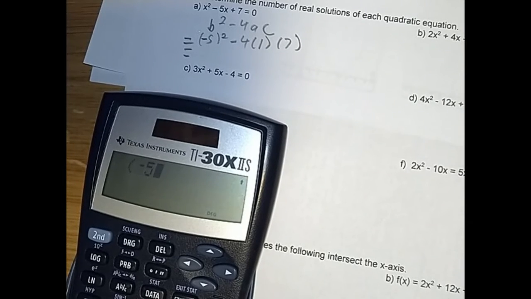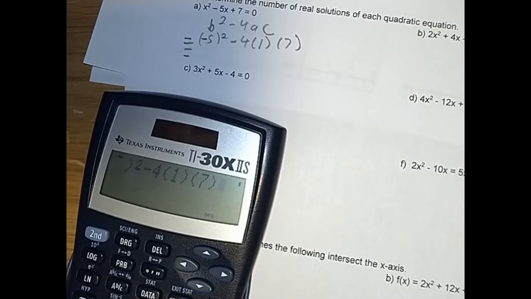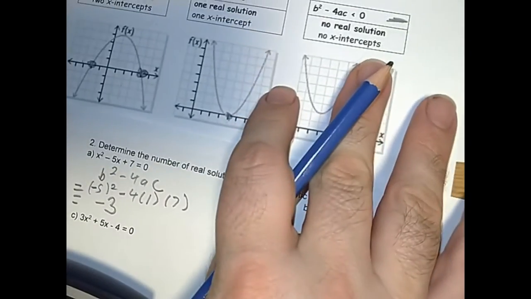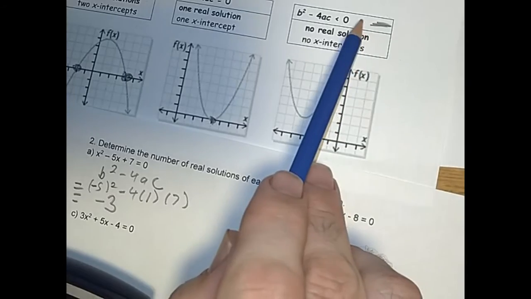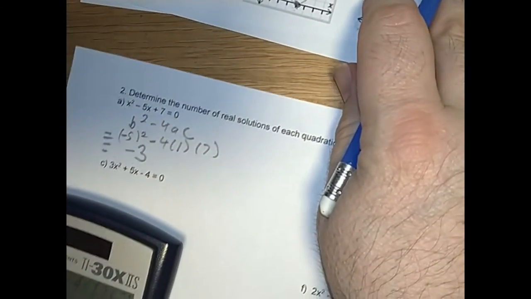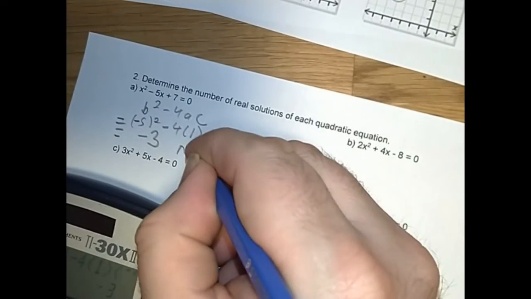Negative 5 squared minus 4 times 1 times 7 equals negative 3. Now, if it's negative, there are no real solutions. So for this one, there's no solutions.